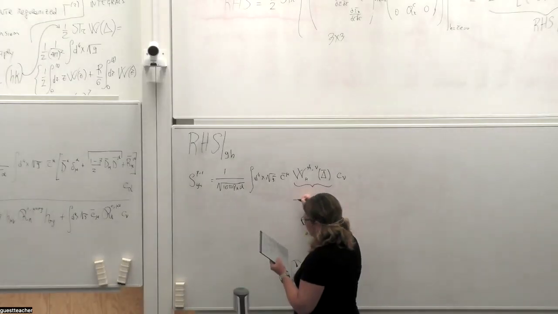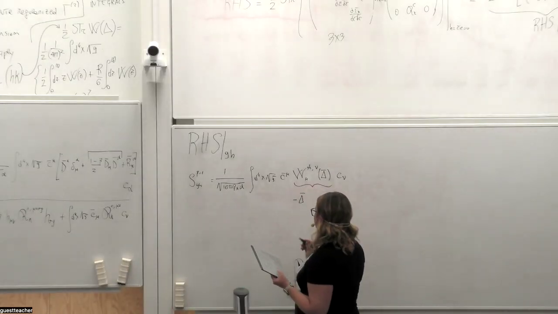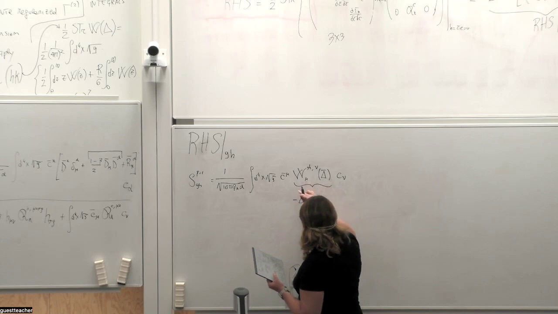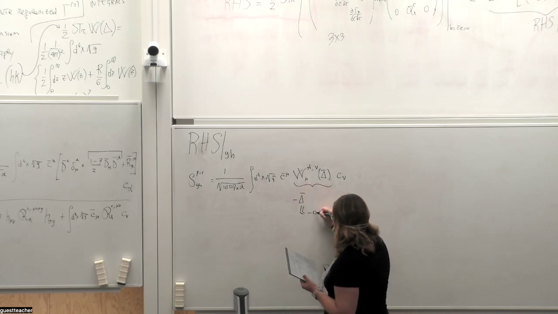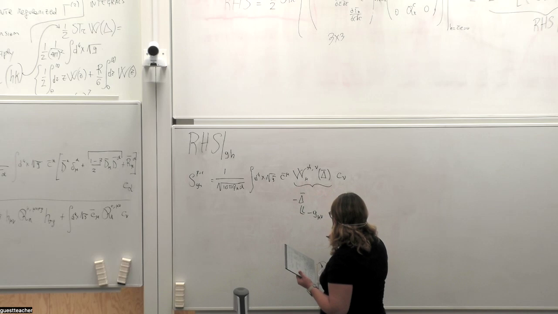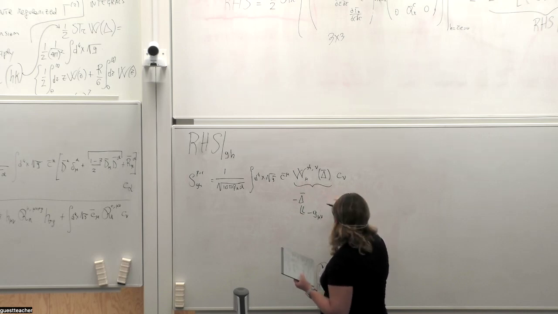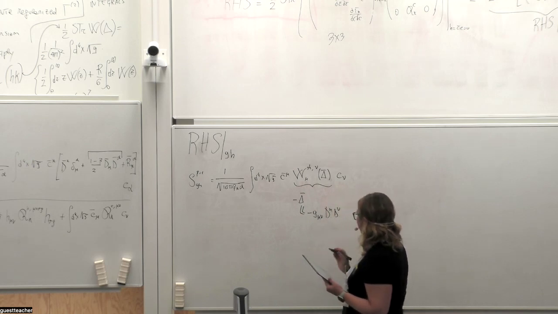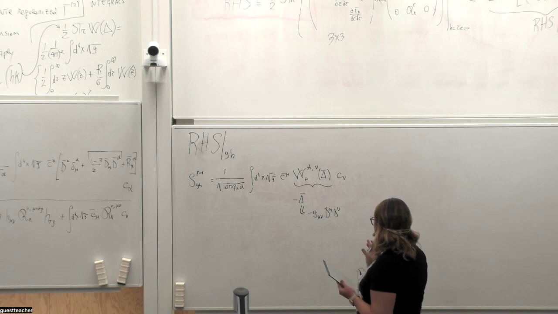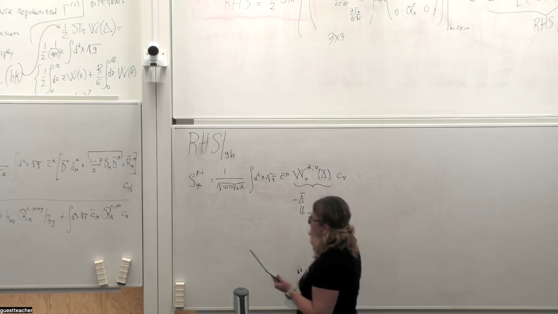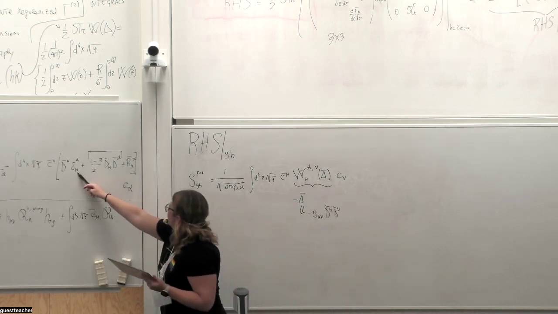This can be written as minus delta bar. So this is essentially just delta without the minus sign, minus g mu nu D_mu D_nu, evaluated on the background, and this essentially comes from this part.